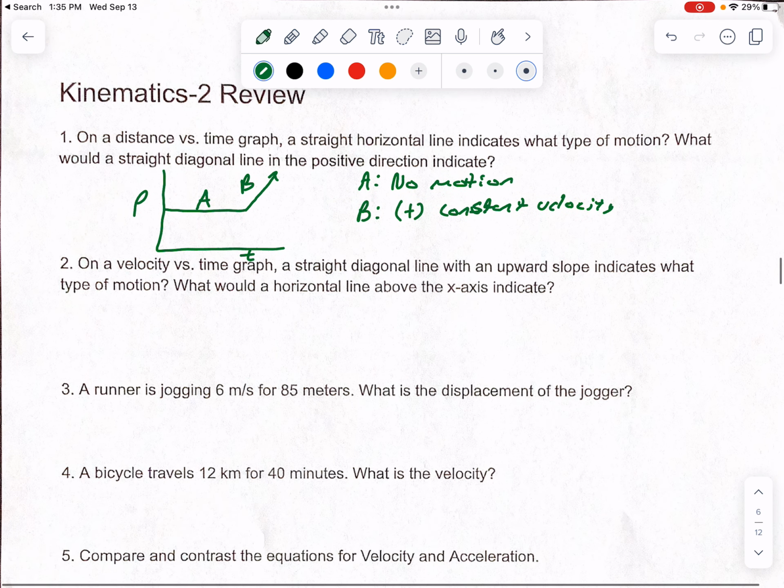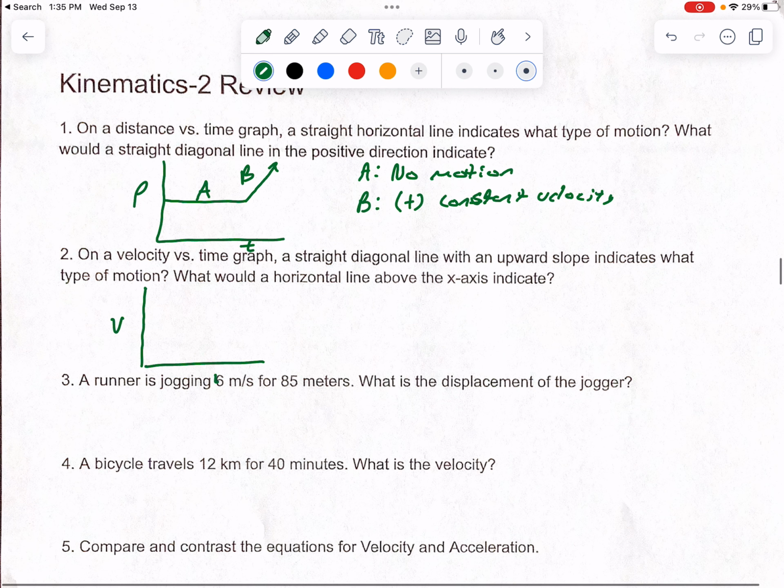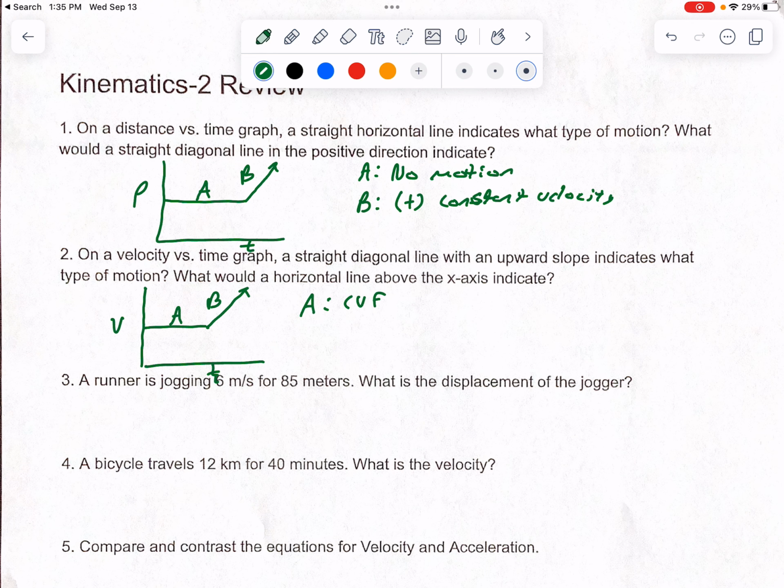And now we're going to take a look at a velocity versus time graph where we're basically just going to draw the same thing. But now we're going to change up that y-axis and it's going to be a v versus t graph. So I'm going to draw that horizontal line and then I'm going to go up. On a v versus t graph, if I have part A and part B, part A now is a constant velocity forward.